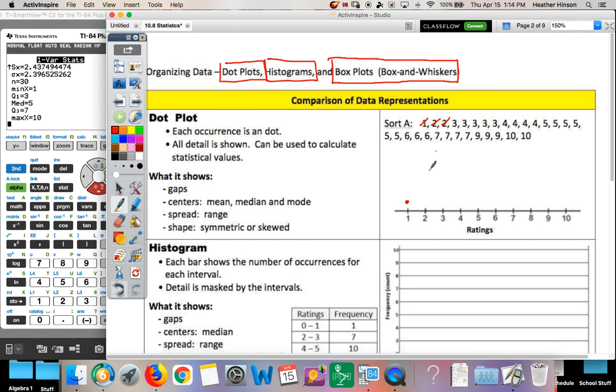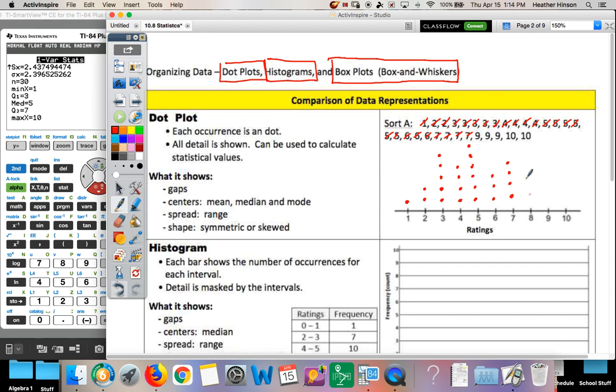We have 2 2s, so 2 dots. 1, 2, 3, 4, 5 3s, so 5 dots. 1, 2, 3, 4 fours, so 4 dots. 1, 2, 3, 4, 5, 6 fives, so 6 of those. 1, 2, 3 sixes. 1, 2, 3, 4 sevens.